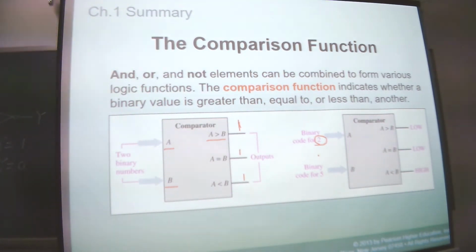If we use 4 bits to represent 2, it is 0010. And B is 5, whose binary number is 0101.